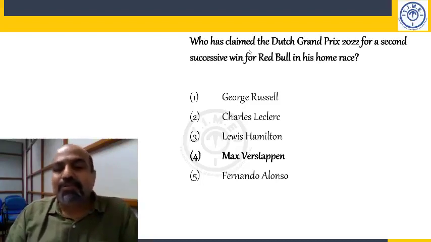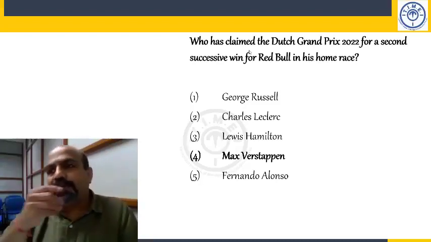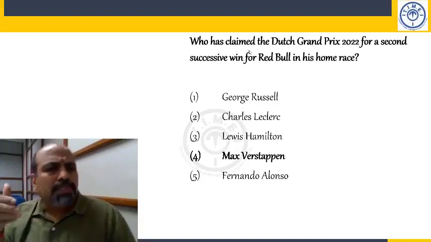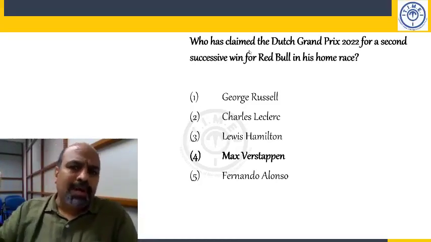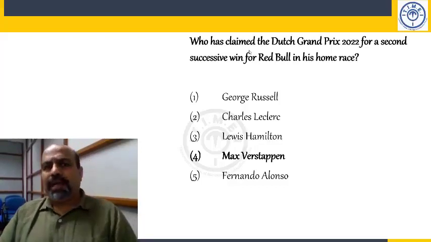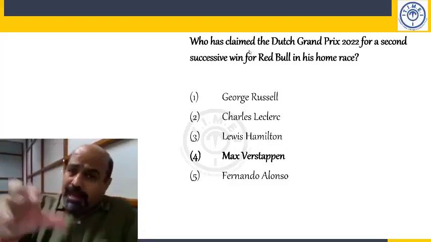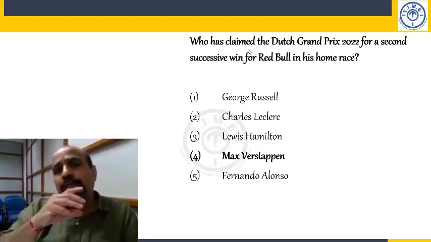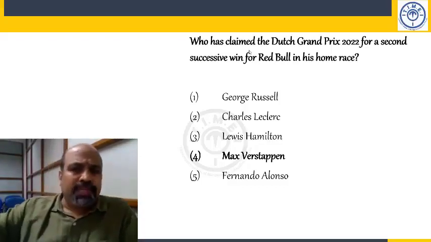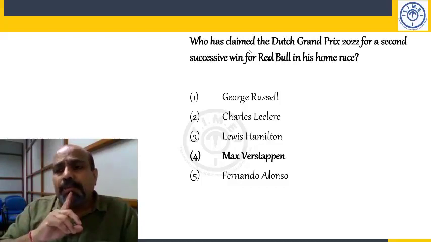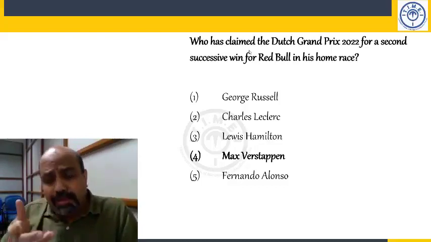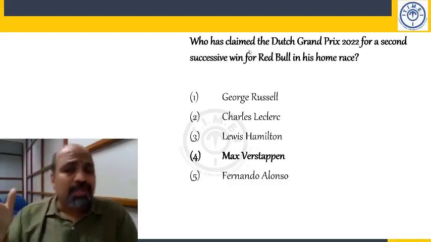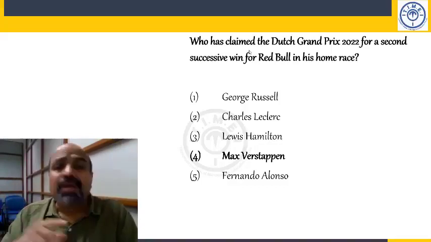When you read about Charles Leclerc, you would find that he belongs to Monaco. And Monaco is the most densely populated country in the world. Why would we say that? Monaco is a tiny country in the south of France, pretty close to the border with Italy. It has an area of 2.1 square kilometers, and its population is about 38,000 people.